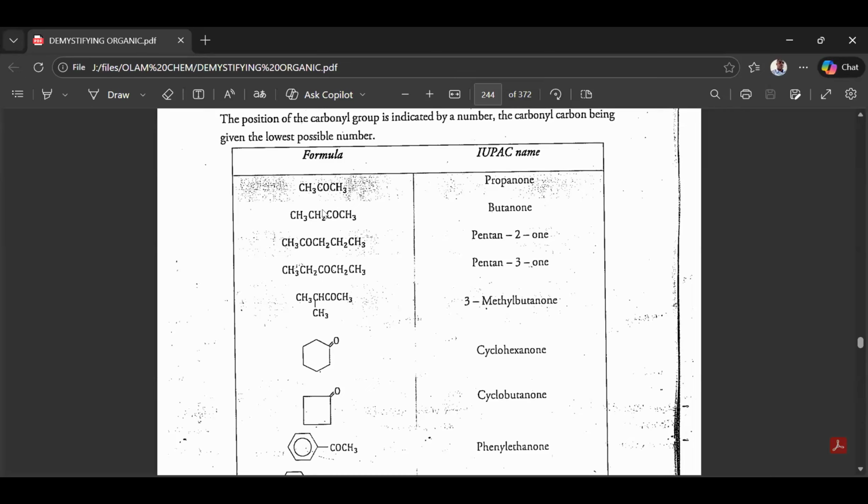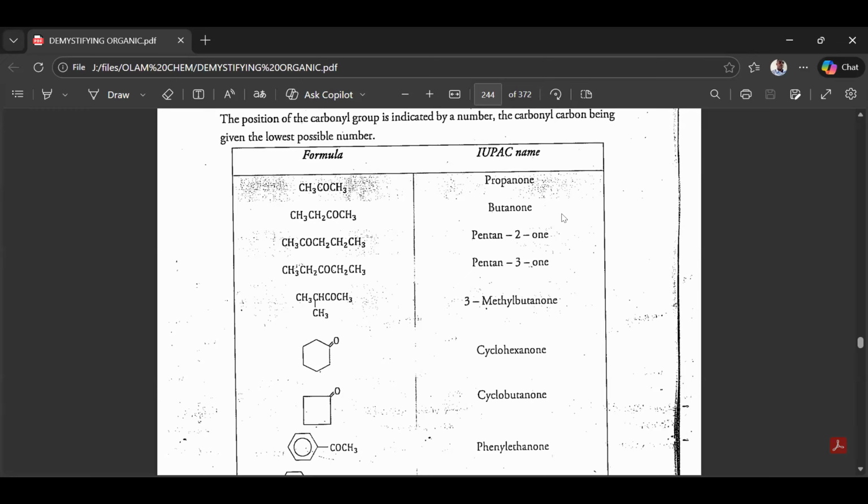The carbonyl carbon is not attached to any hydrogen atom, and because of that, this one is a ketone. Since the carbonyl carbon is not carrying any hydrogen atom, but is instead carrying alkyl groups, ethyl and methyl, that one is a ketone, which is called butanone.